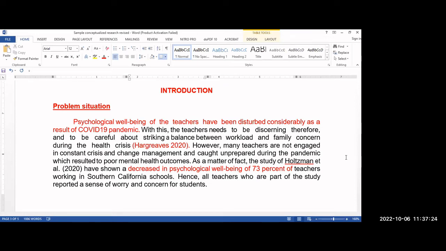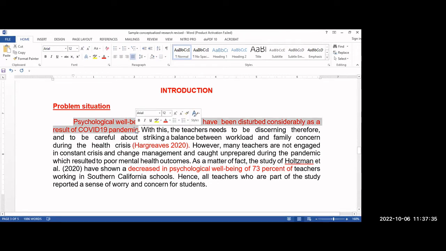Okay, like in the problem situation, psychological well-being of teachers has been disturbed considerably as a result of COVID-19 pandemic. Okay, this is a statement. That is my statement. But as what I have mentioned, do not make a statement that is opinion-based. So when I make that statement, that is just a way for me to form a story. So I'm saying that psychological well-being has been disturbed, okay, because of COVID-19.